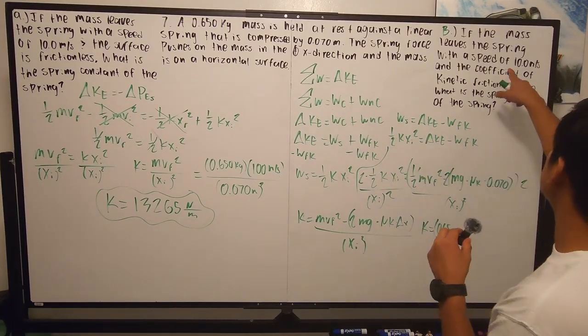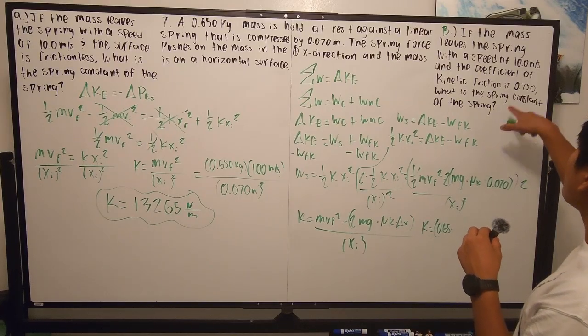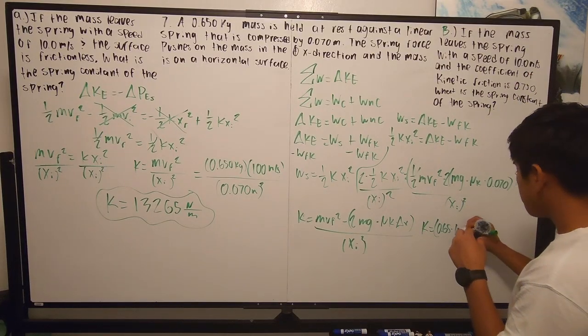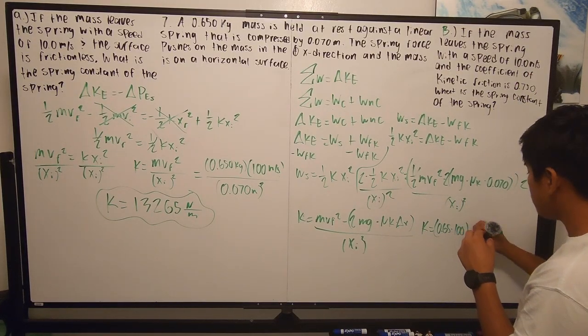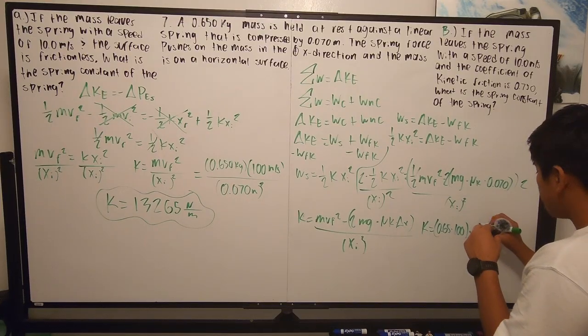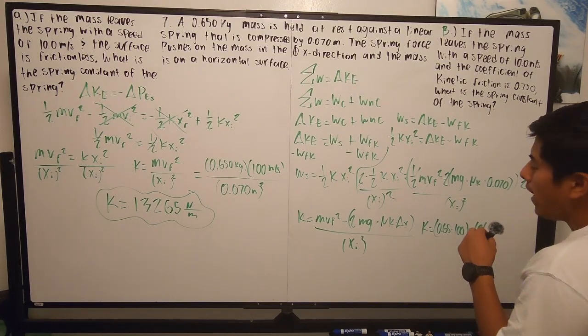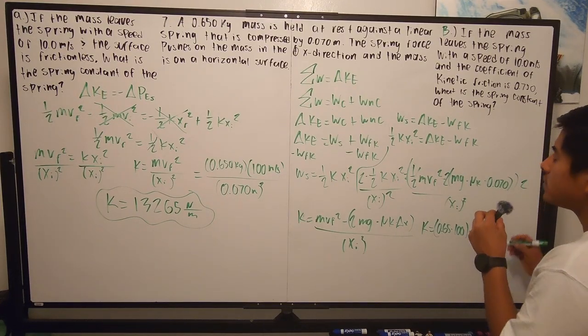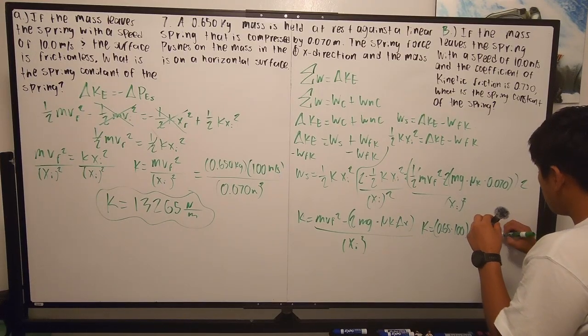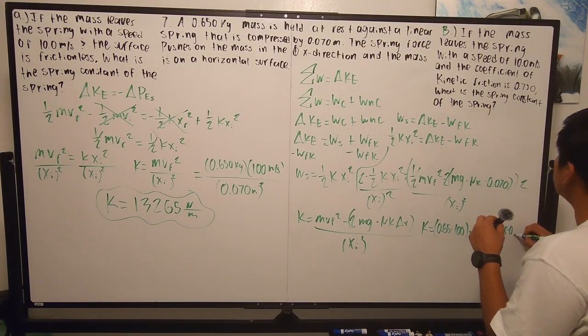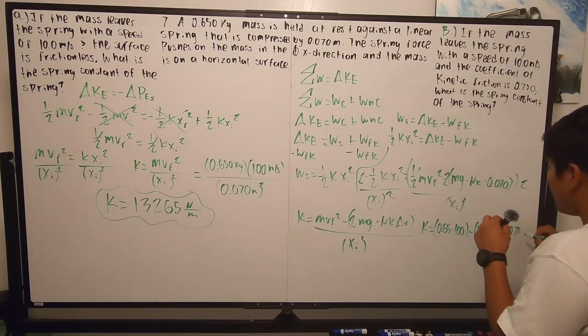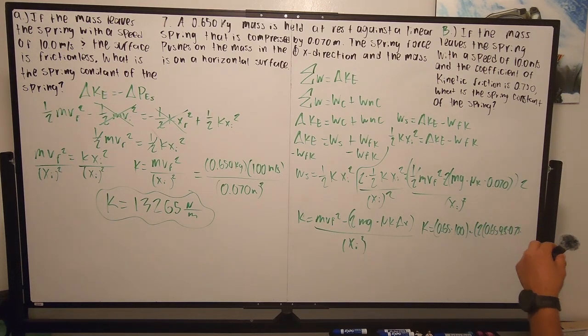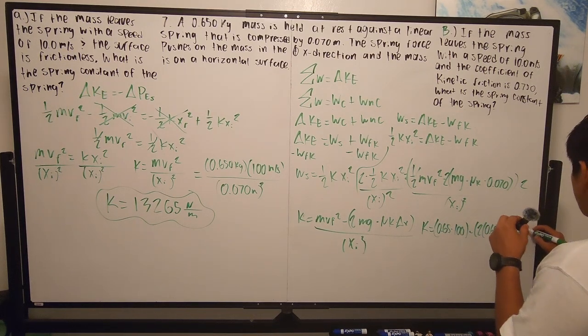Oh, 10, it says right here as well. 10 squared, which is 100. I'm going to keep the units out. Minus 2 mg, which is 0.65, multiplied by 9.8, multiplied by mu k, which is 0.75, multiplied by the displacement, which is 0.07.